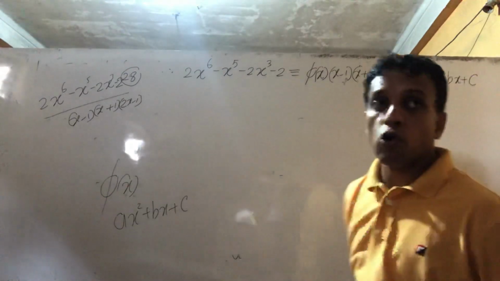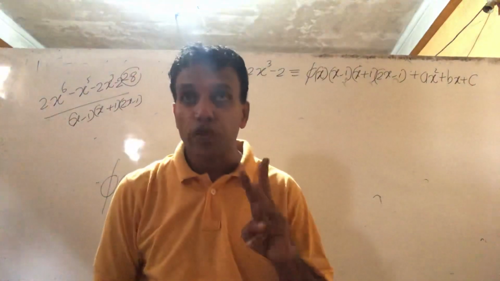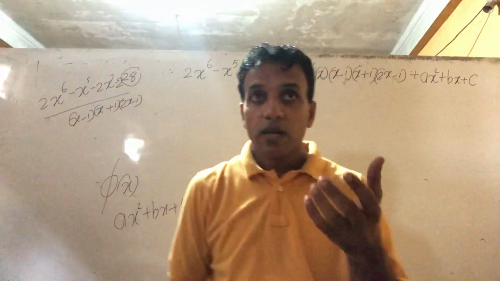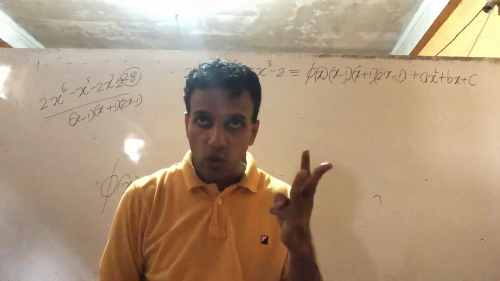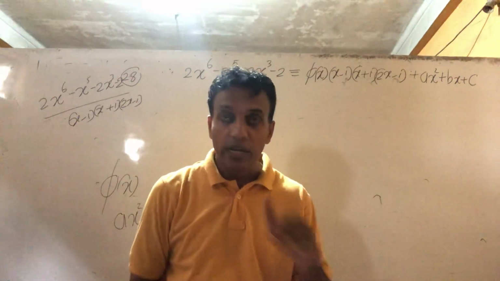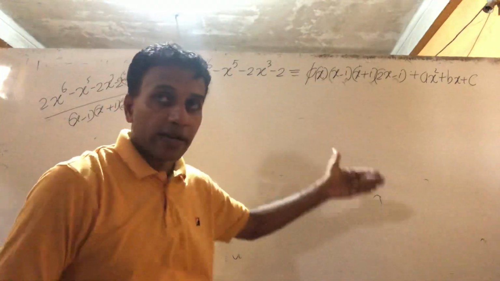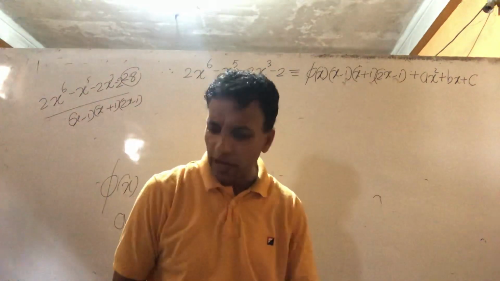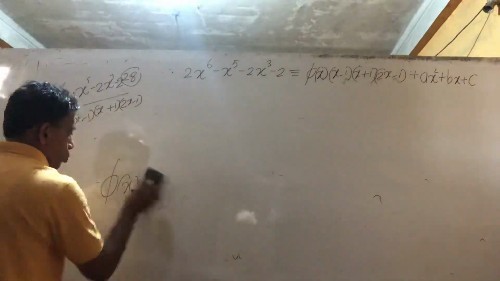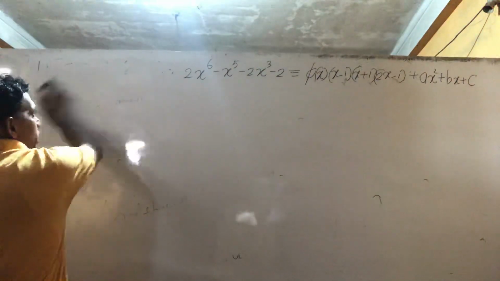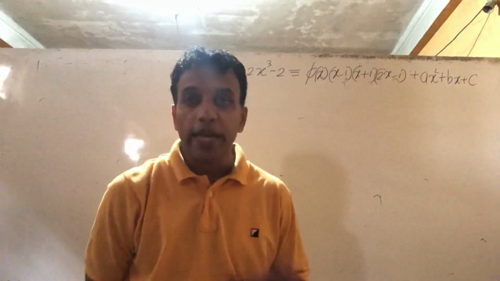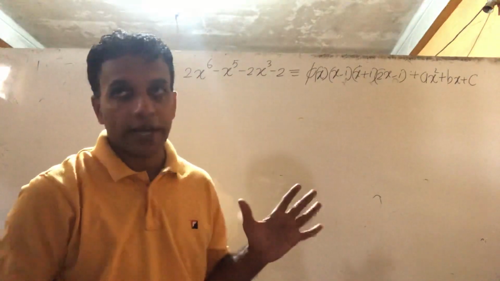This is the form. Now you need three equations solved, like simultaneous equations with three unknowns. In O level you only have pairs, but it is the same idea. They ask to find the remainder; if you know the a, b, c values, you know the remainder.